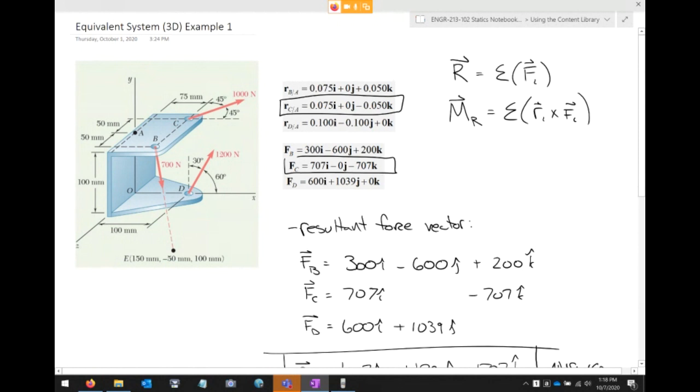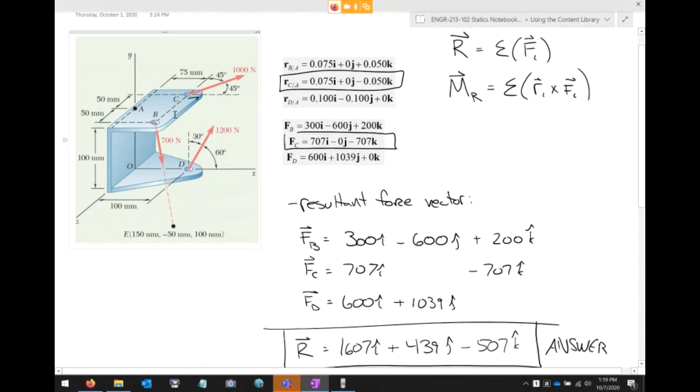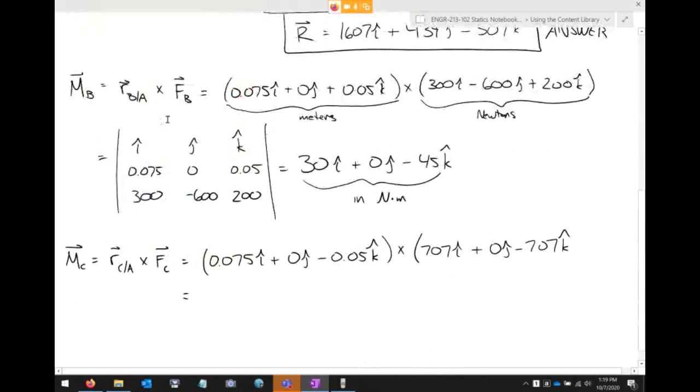And again, how did I get these vectors? We're doing all of this from A. So this is my position vector. This is CA. And you think, well, how do you come up with that? Well, it's a positive in the X, negative in the Z, and same thing with the force vector. So somebody help me out. You can do this by hand, or you can do it in your Casio, however you want to do it.